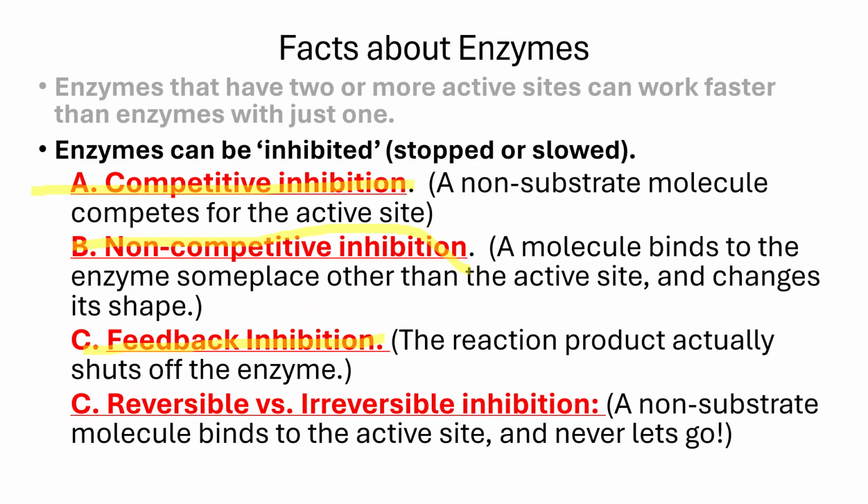So for example, there's a bunch of enzymes that make the molecule, the amino acid tryptophan, and those enzymes that make tryptophan can actually be inhibited by tryptophan itself. So the enzymes will make a bunch of tryptophan, and then when the concentration of tryptophan in solution gets high enough, the tryptophan will actually turn off the enzymes that create it.